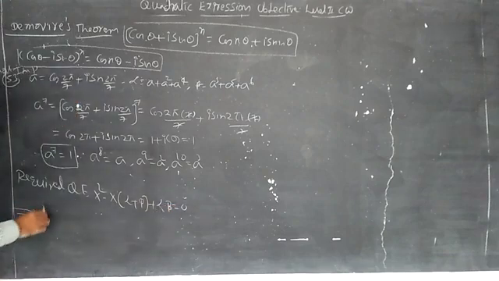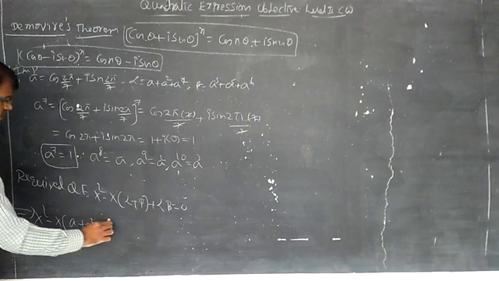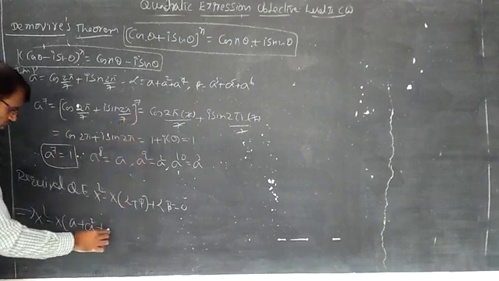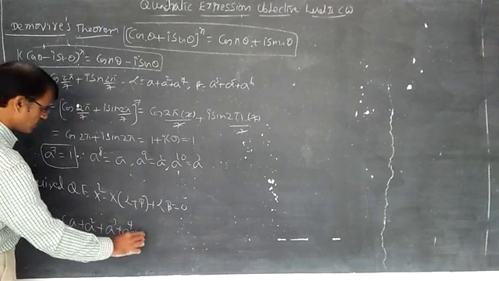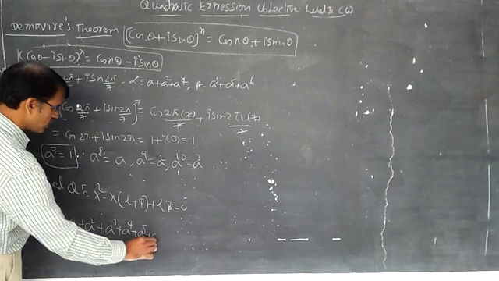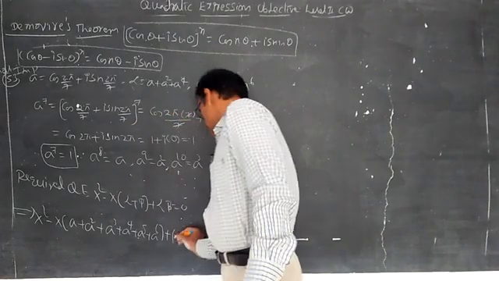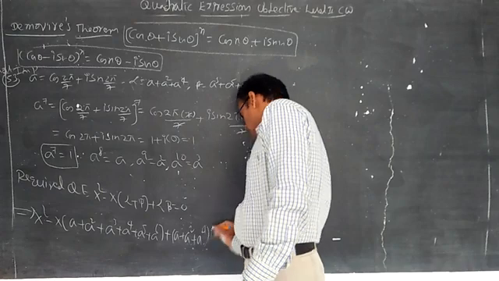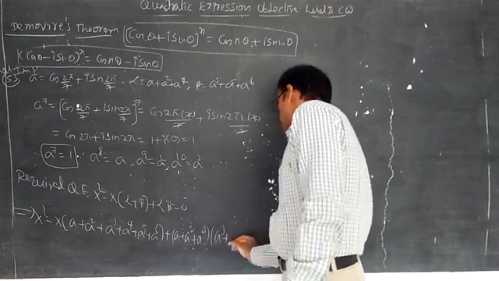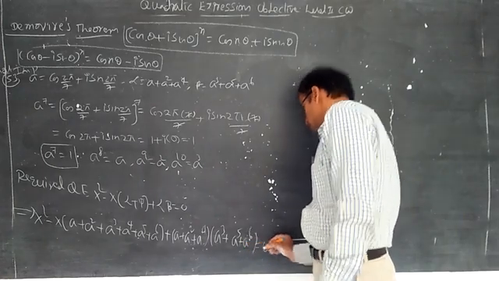That implies x square minus x into (alpha plus beta), write it in a proper way students: a plus a square plus a power 4 plus a cube plus a power 5 plus a power 6, plus alpha beta, which is (a plus a square plus a power 4) into (a cube plus a power 5 plus a power 6), is equal to 0.